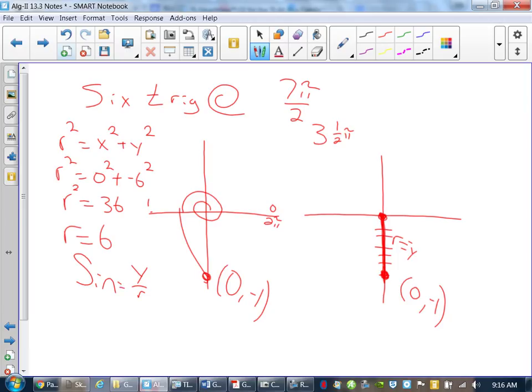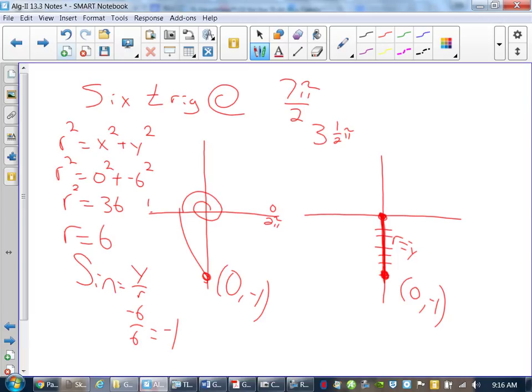So in this case it would be negative 6 over 6, which simplifies to negative 1. And that wouldn't change if that was a 6, a negative 6, a negative 60, negative 16, negative 443. Because when you put the fraction together, it always simplifies to be 1.